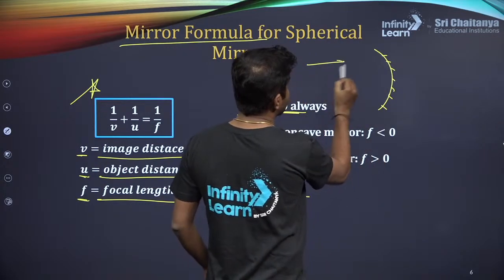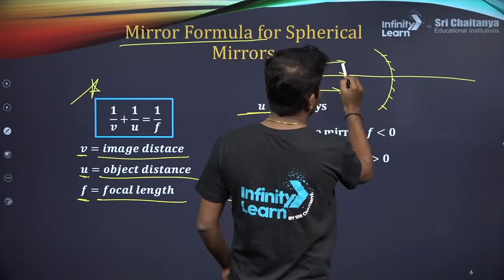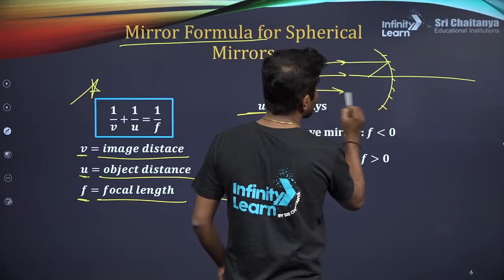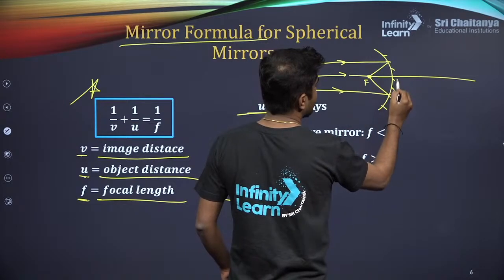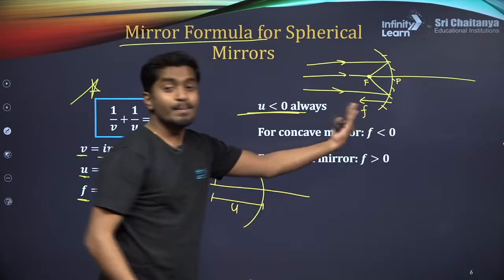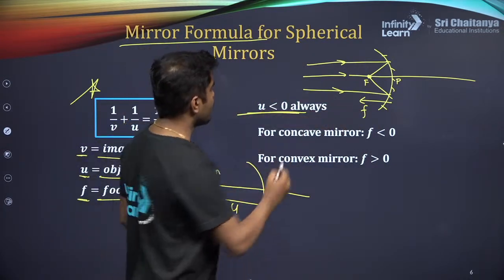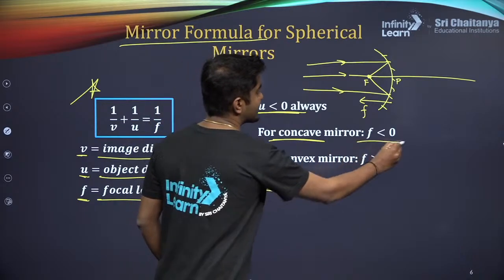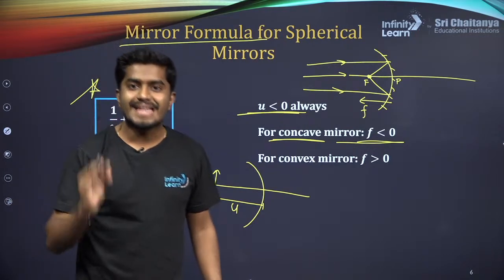If the rays parallel to the principal axis fall onto this mirror, what will happen? They will converge at a point. So there is a focus, there is a pole. You measure the focal length on the left. So focal length for the concave mirror is negative.